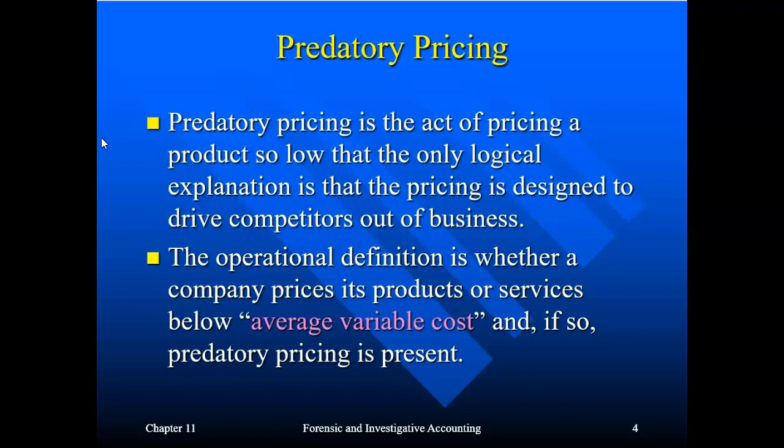Now, as an accountant, you know that if you're not even covering your variable cost, that means for every unit you're selling, you're losing money. You have to cover your variable cost and use that excess to cover your fixed cost and then have a profit. So if you're not even covering your average variable cost, you're not even trying to make a profit here. So that's what predatory pricing is. Their product is priced so low, it is below what we call average variable cost.